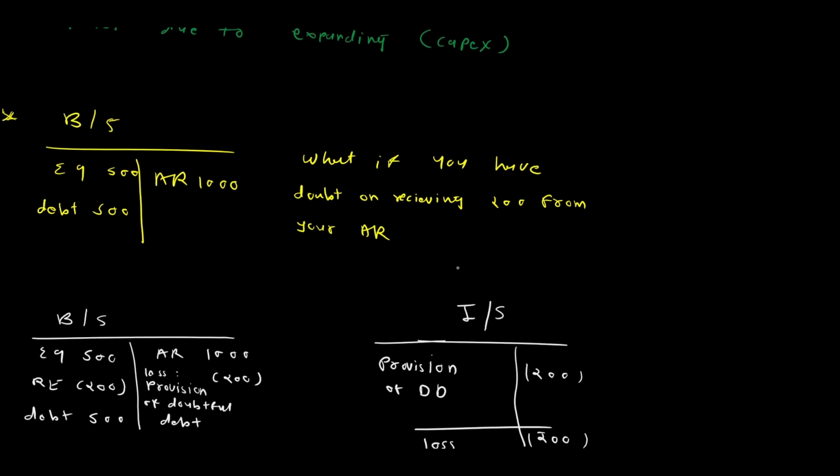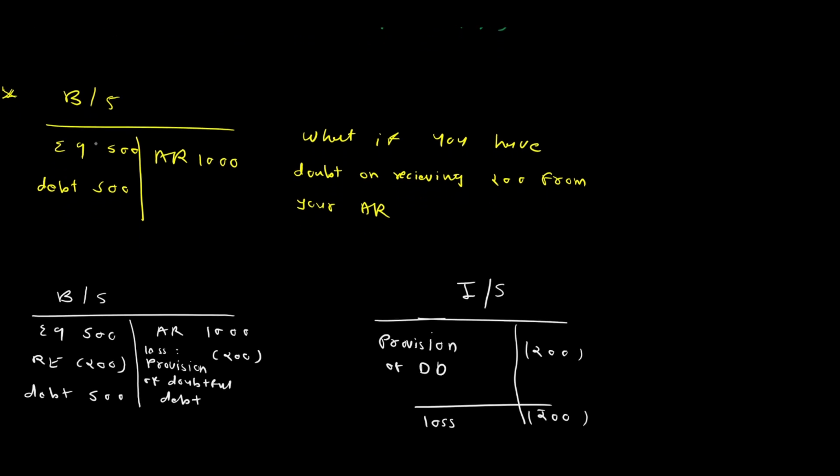Okay, now another example. For example, this is the balance sheet, and here equity is 500, AR is 1000, my debt is 500. What if you have a doubt about receiving 200 from your AR? You think that 200 from this AR you will not get.